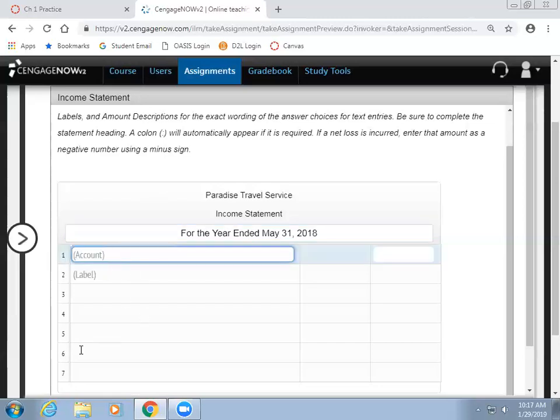On the first line, if you click in it, it says account. So I know I need to put some account in there. I'm putting my fees earned. I only have one revenue account. So I'm going to type fees earned.